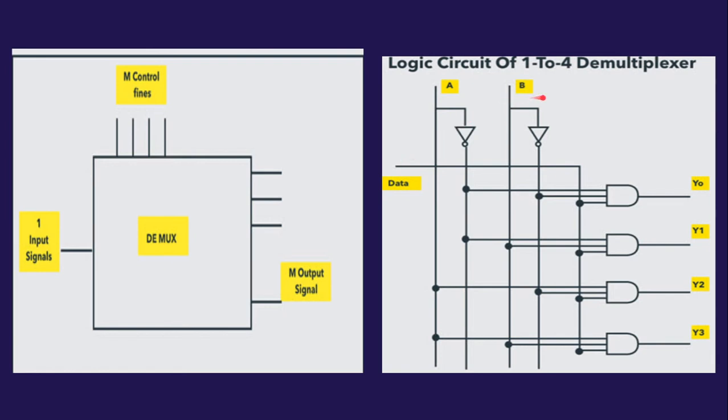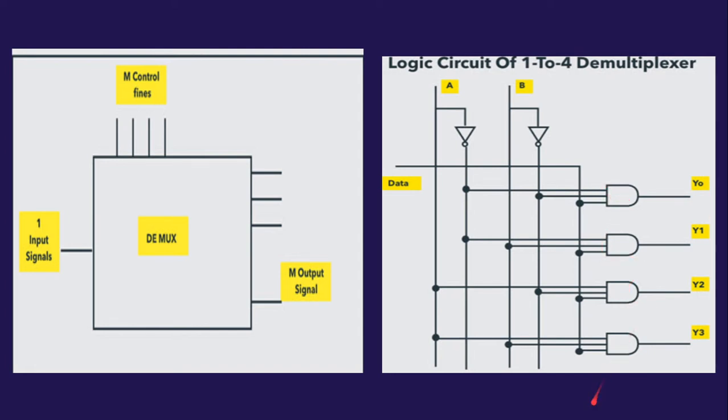As we know, for the 4 combinations we need 2 variables A and B. So A is in the normal form, A in the complement form, likewise B in the normal form, B in the complement form, and the combinations 0 0, 0 1, 1 0 and 1 1 are taken as the input for these AND gates.